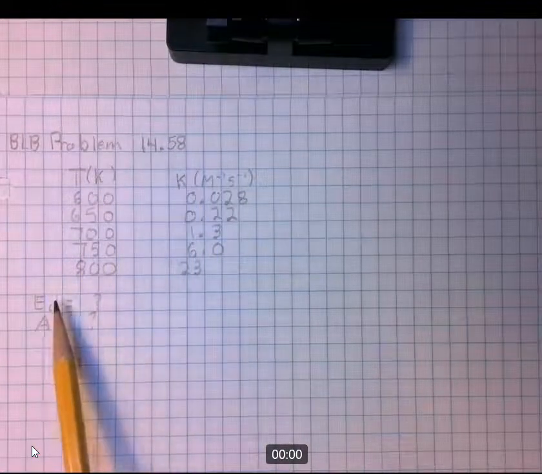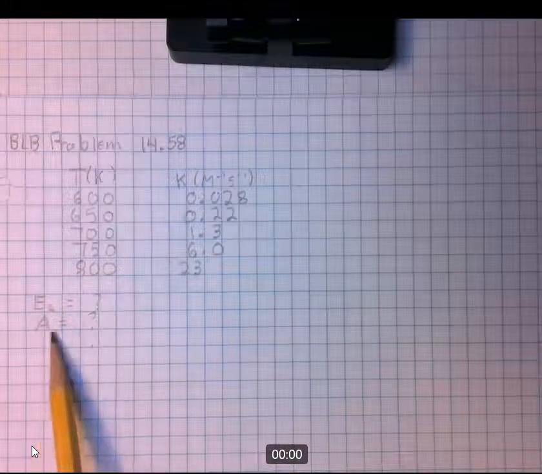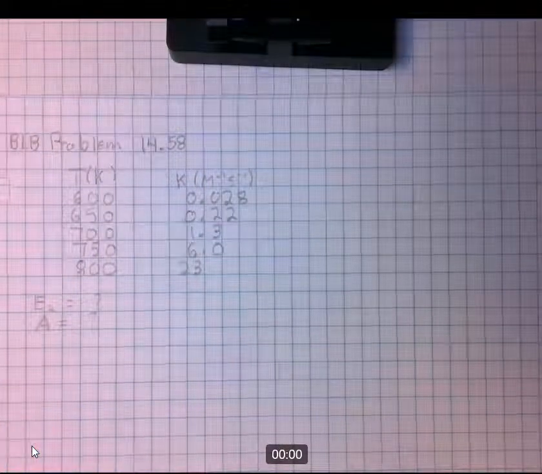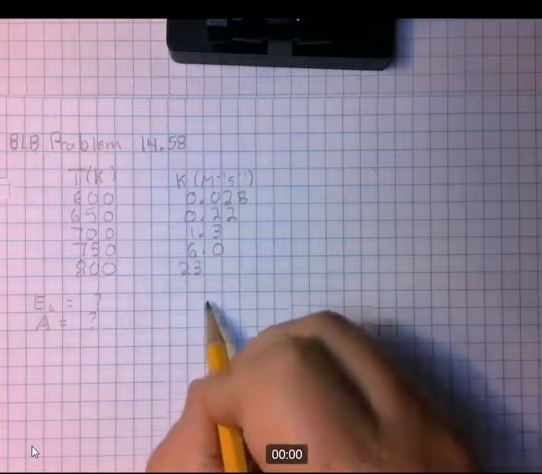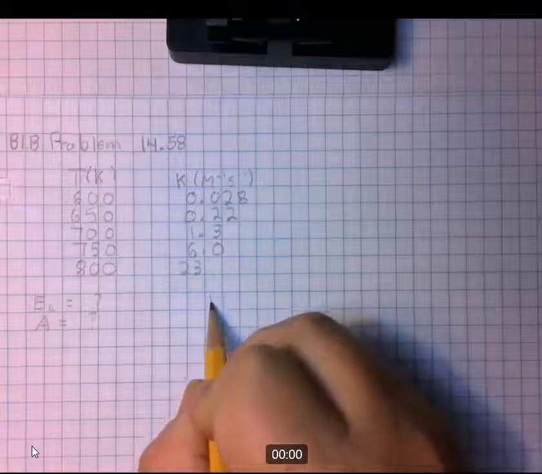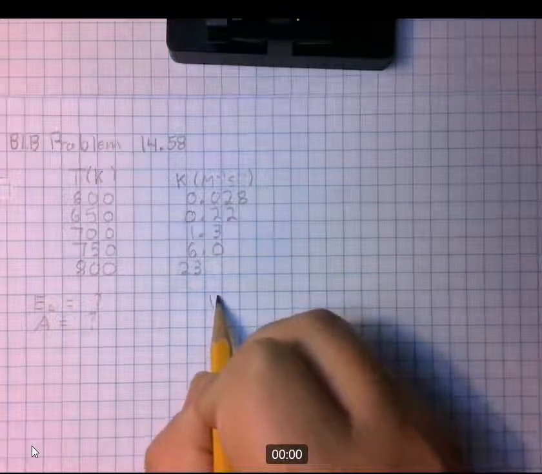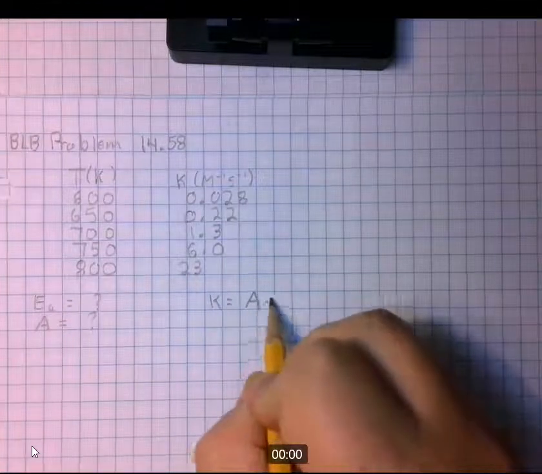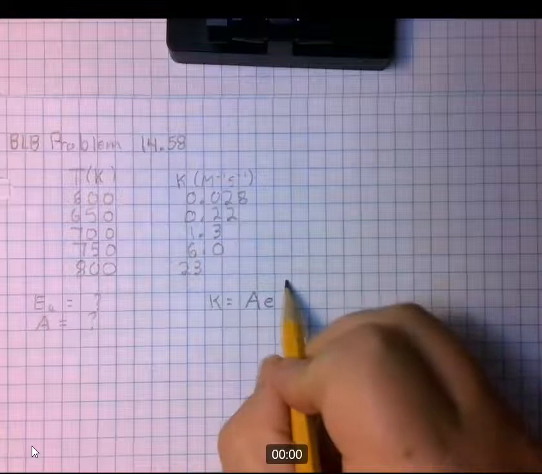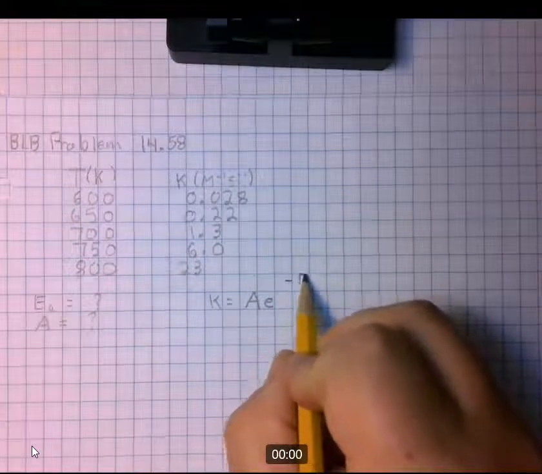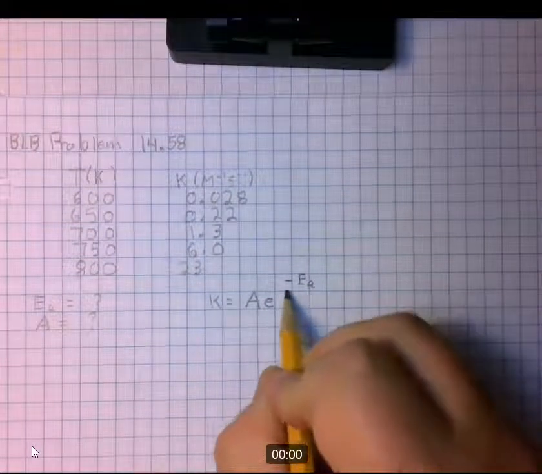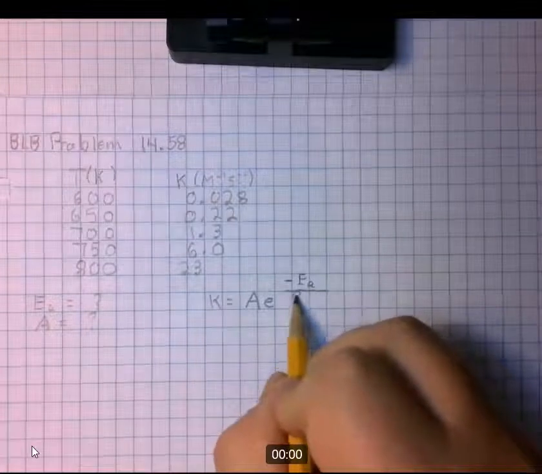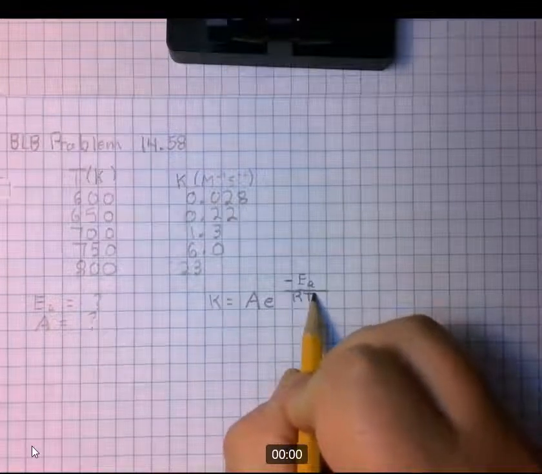We're looking for activation energy and frequency factor. So immediately that should bring to mind the Arrhenius equation, which is K equals A e raised to the minus Ea over RT.